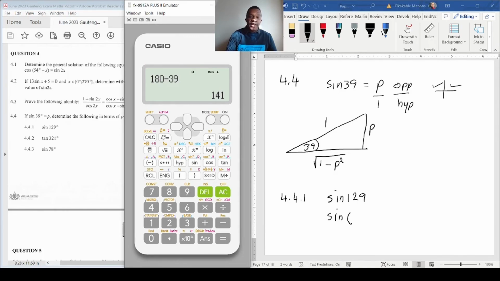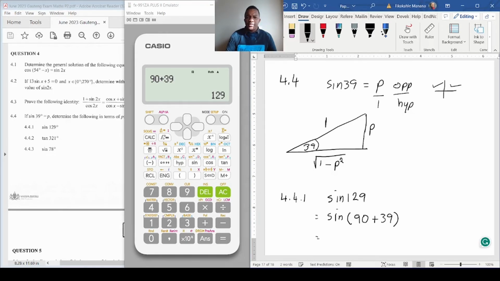Now let's try 90 plus 39. Will that work out? Exactly, 129. So I can say 90 plus 39. I have to use 39 in all my reduction formulae or co-ratios because it's the triangle that I drew.